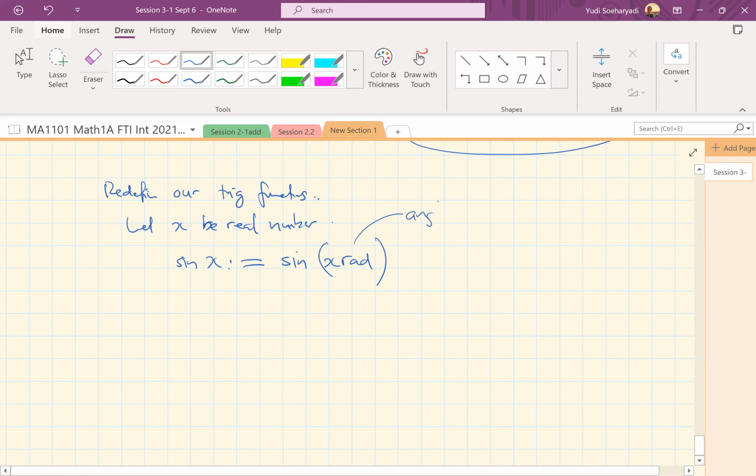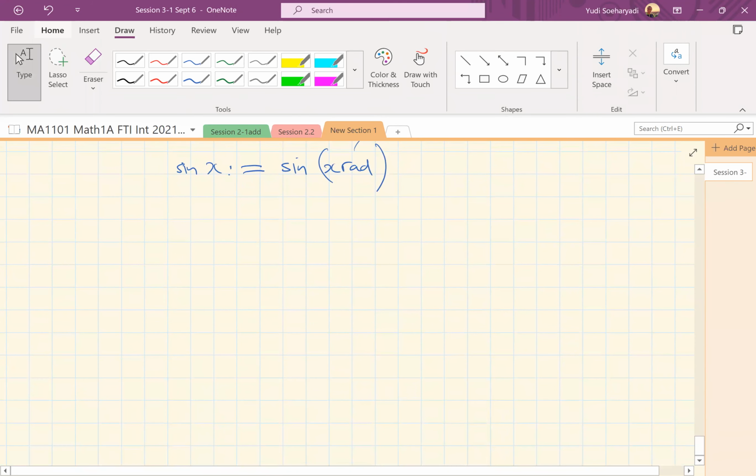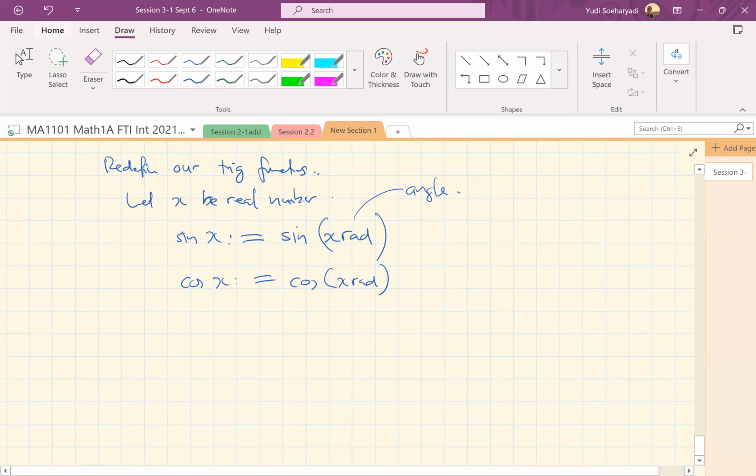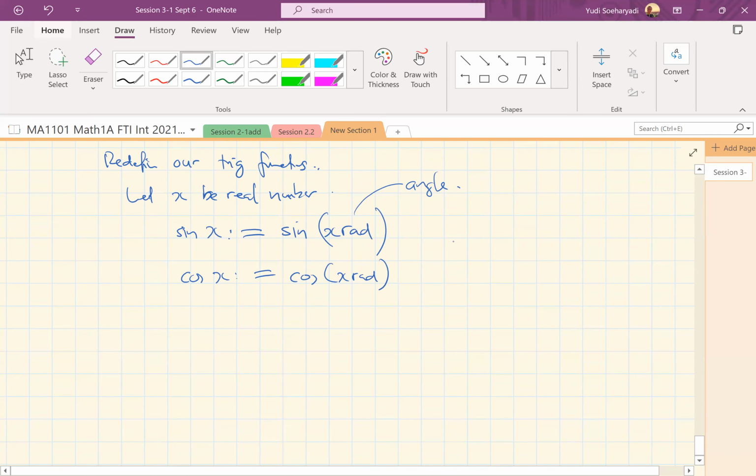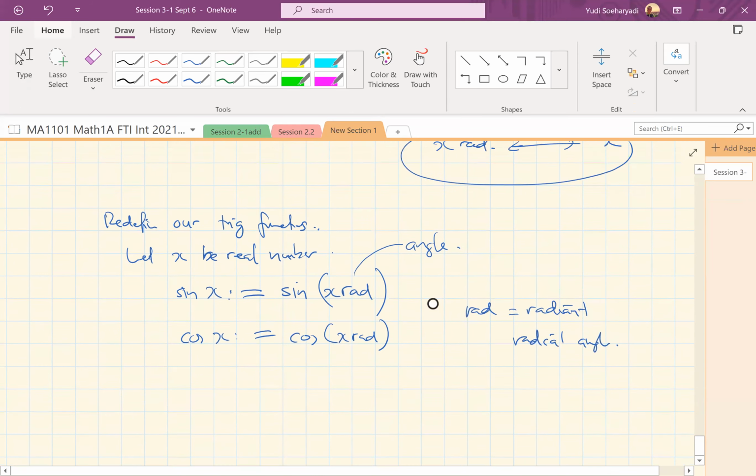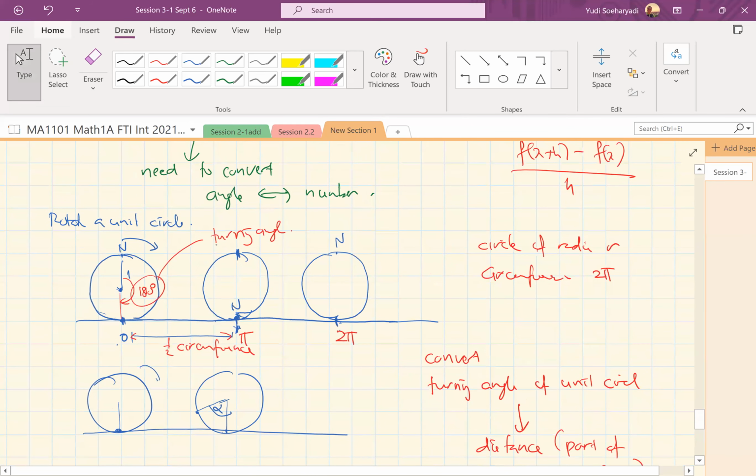Remember, this is an angle. Similarly, cosine x means cosine of x radians. It's a radian angle because that's the turning angle.